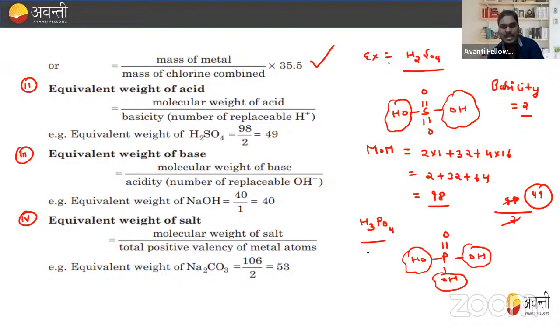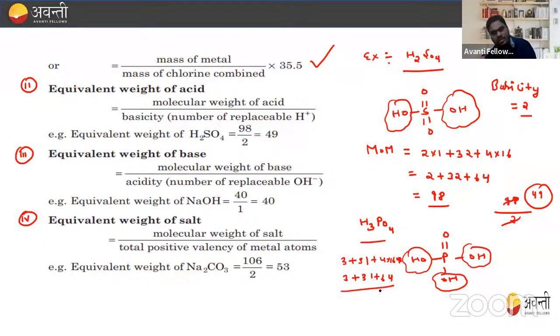Now we can calculate the molecular mass, which is 3 plus phosphorus. Phosphorus has atomic mass 31, and oxygen is 4 into 16, which is 64. So it comes out to be 3 plus 31 plus 64.